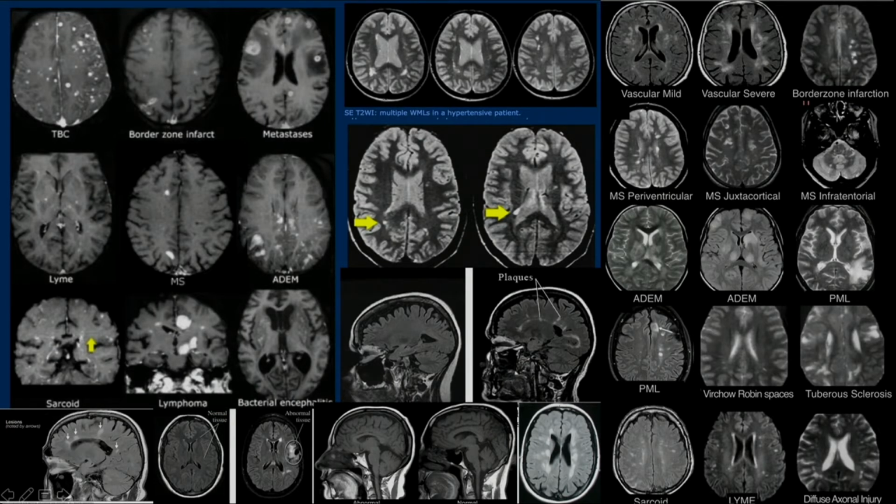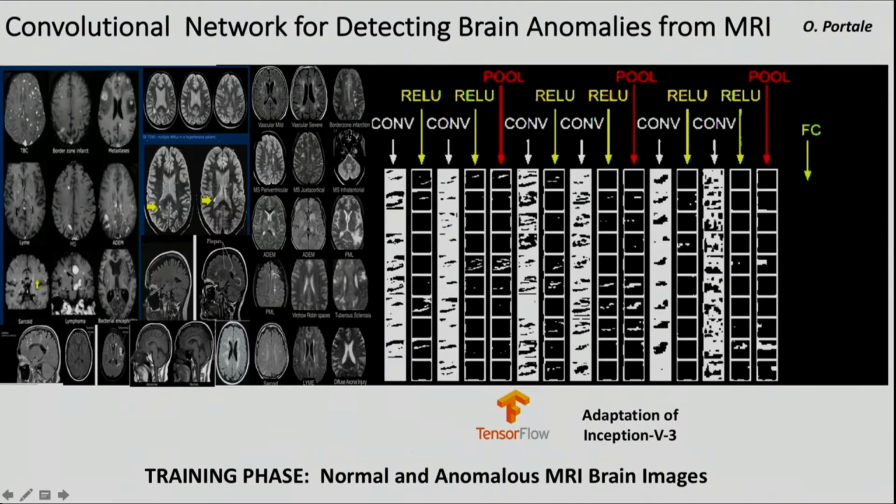I have images that represent a variety of conditions, everything from Lyme disease to Alzheimer's to a tumor in the brain. I also have images of completely healthy brains as well. And I'm going to go about training a convolutional neural network here using the layers that I described here.